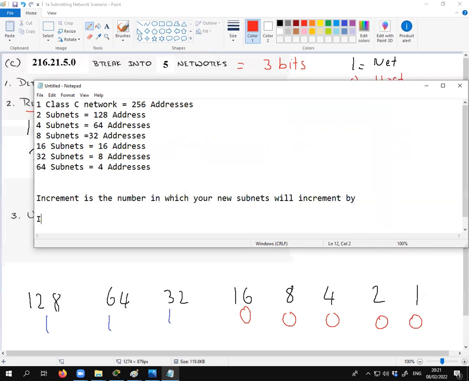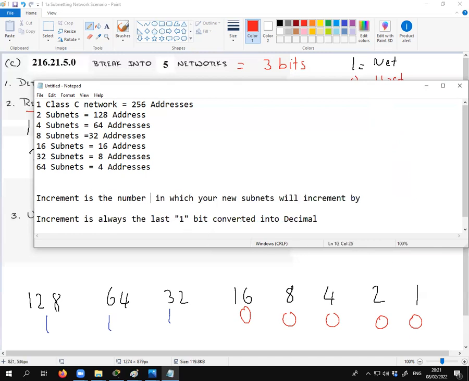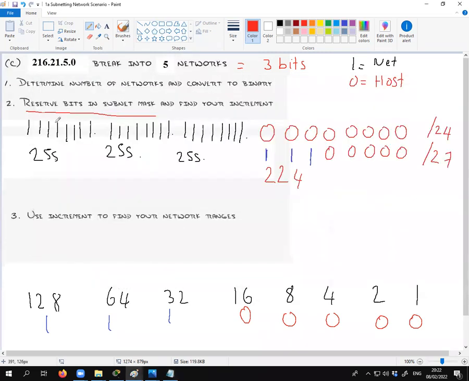The increment is always the last 1 bit converted into decimal. So the increment value is a numerical value in which our new subnets will increment by. The increment value is always the last subnet bit converted into decimal.